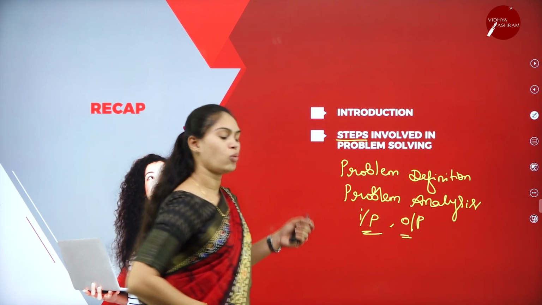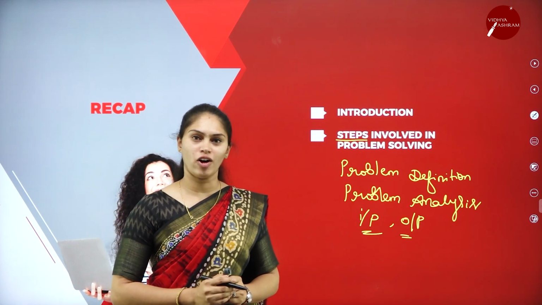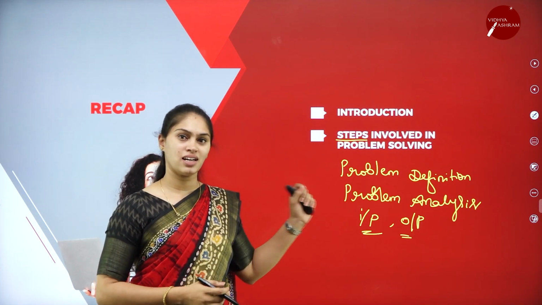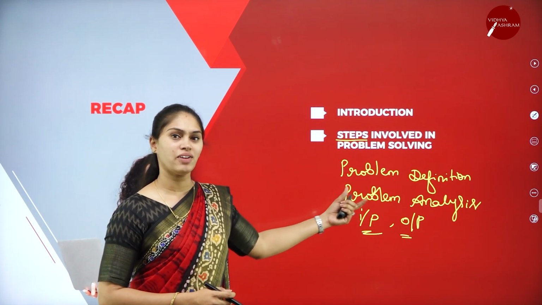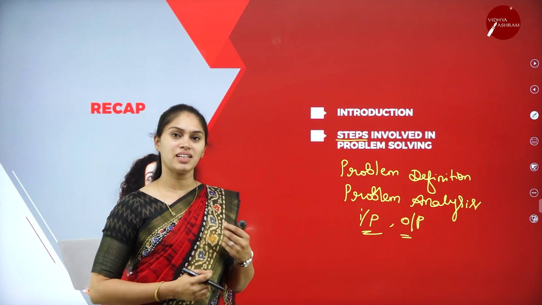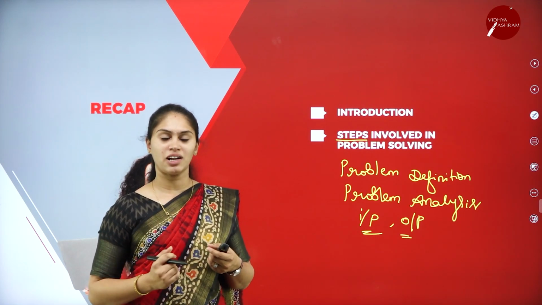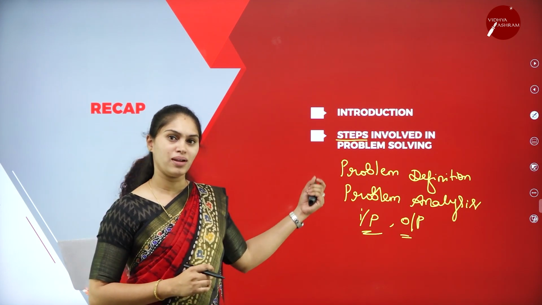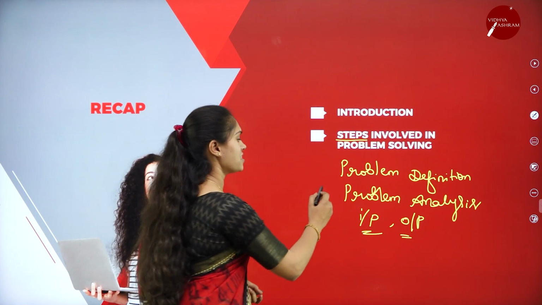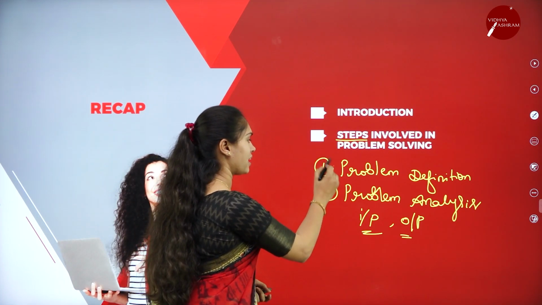So what does it mean? What is the input required in order to solve a problem, and what input should we give as data and instruction? Then when it comes to the output, what is the desired output that we are going to get from this problem analysis, that we discuss in the second stage, that is problem analysis.